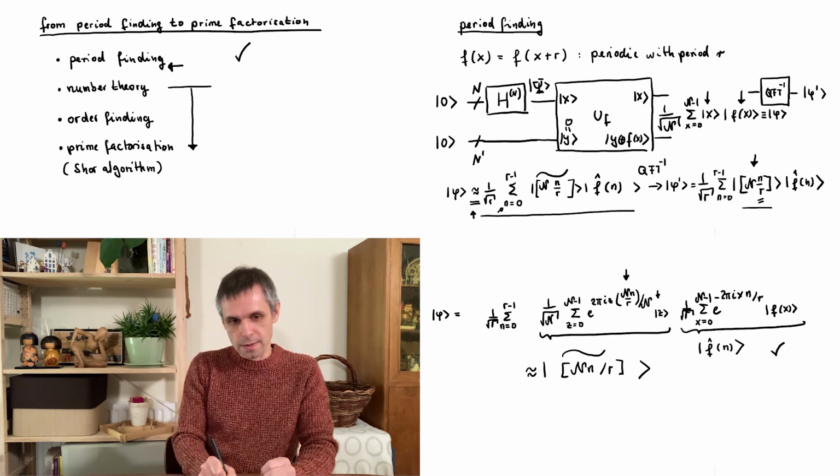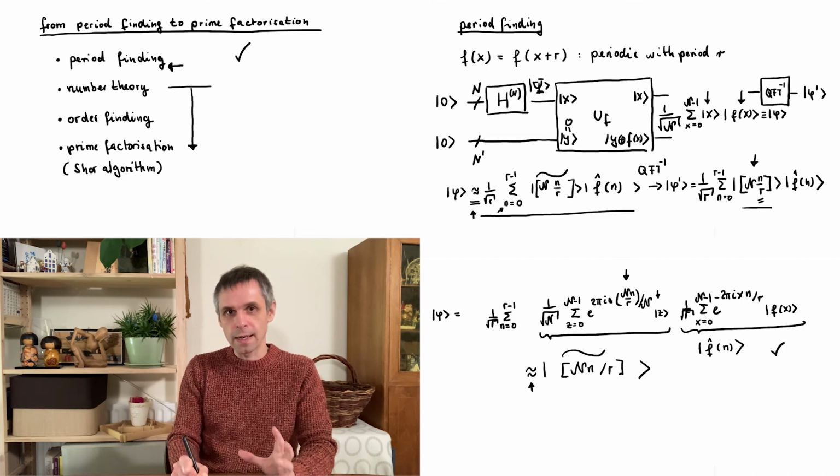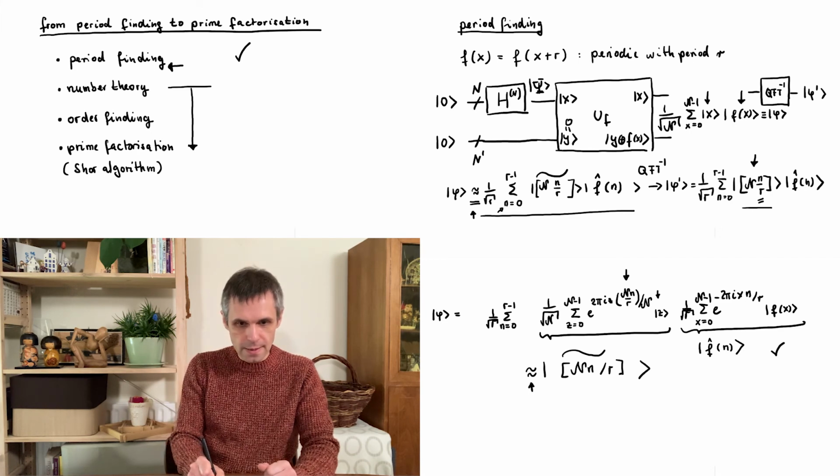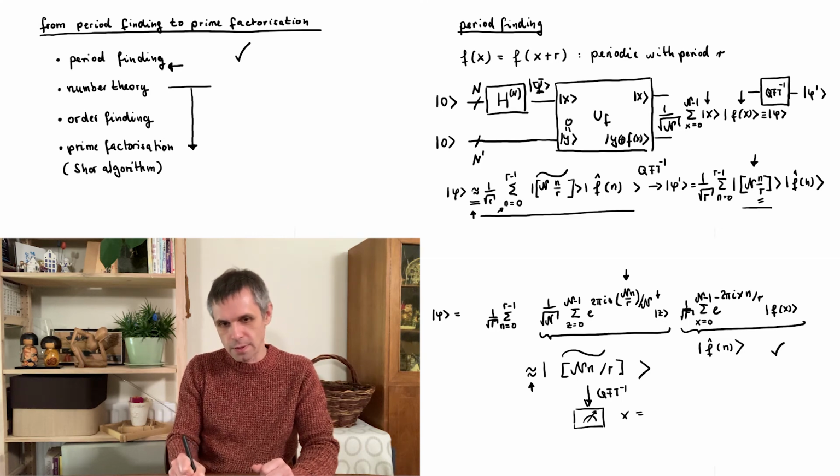It also explains why this is an approximation, and at the same time highlights that there is one additional task. Because when we then run this state here backwards through the quantum Fourier transform, and finally make a measurement to obtain a value x, then we have to interpret this here as the integer part of this rational number.